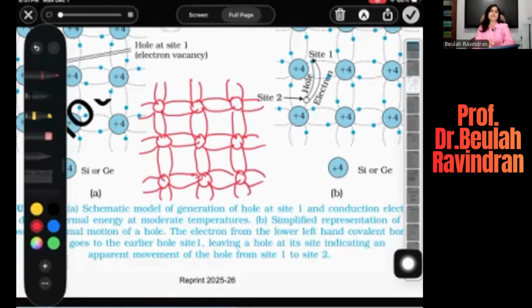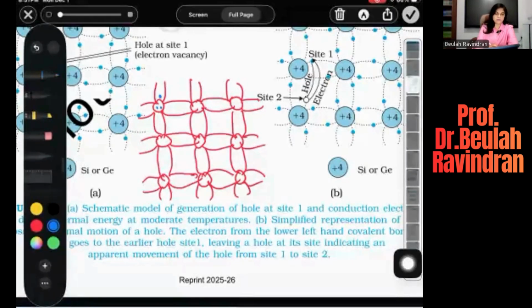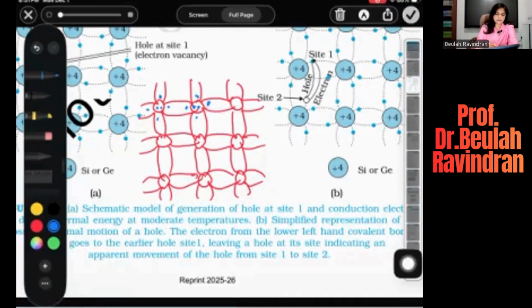Then you can add on electrons and holes. Then like this, how it is bonded. Like this you have to add on.